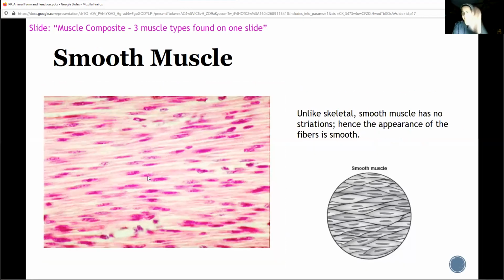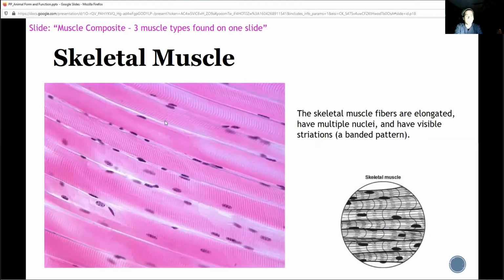Now, before I get ahead of myself, smooth muscle, unlike skeletal muscle, has no striations, so it appears smooth. We'll see what I mean in a second when I say striations. So this is what I'm talking about when I say striations, this sort of grainy lines that you see going across the cells.